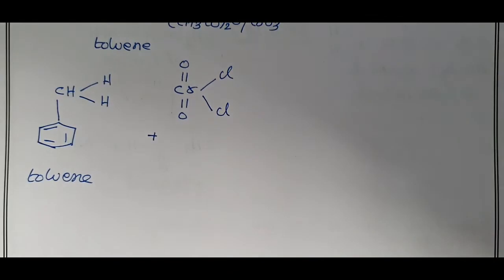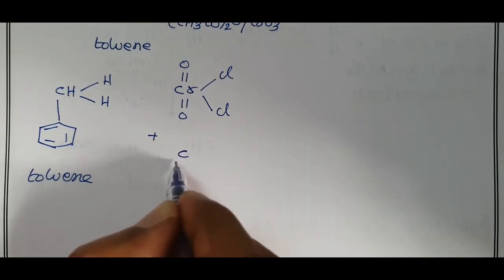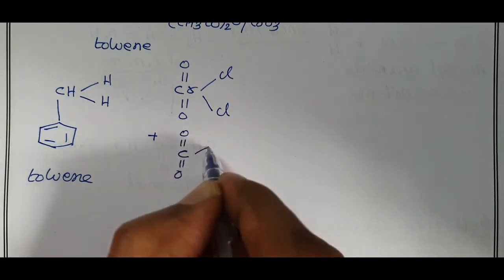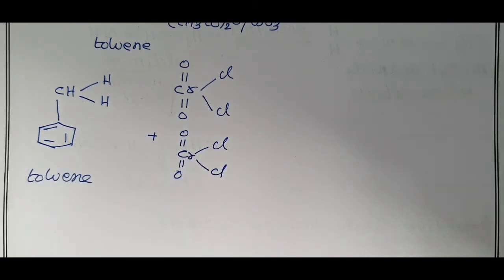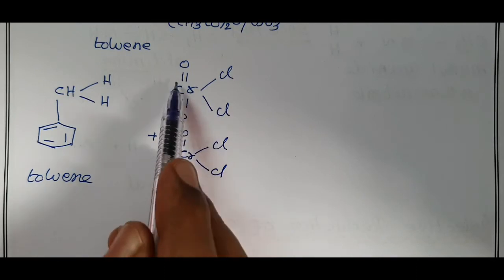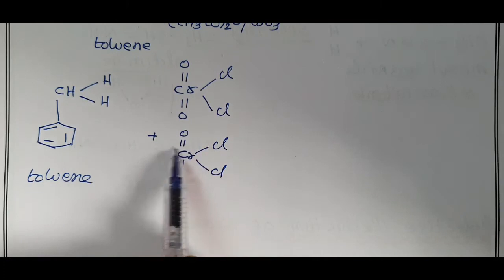This is CrO2Cl2. One more molecule, Cr double bond O, here one chlorine, here one chlorine. Chromyl chloride, CrO2Cl2, has chromium in the +6 oxidation state: 1, 2, 3, 4, 5, 6, +6.